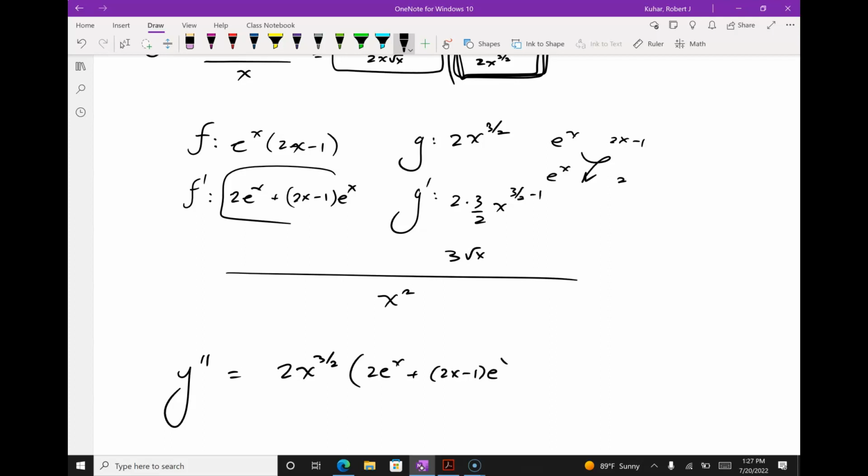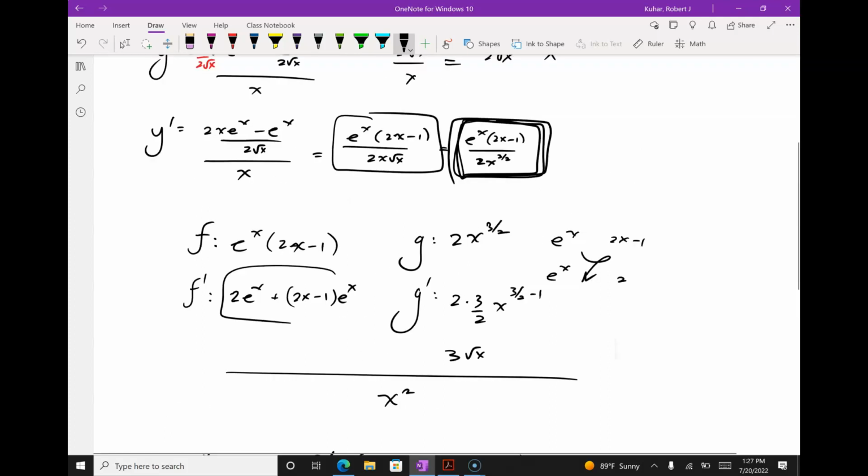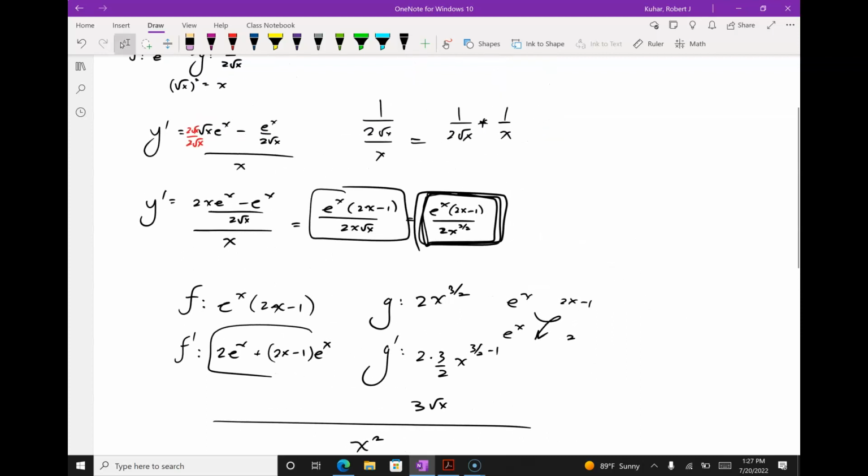For second derivative, if I have a product, I need a product rule. Right? So you can see my upstairs function here is a product, yes? So I need the product rule for that. Yes, but inside of the quotient rule, I had a product. In my numerator, I had a product.